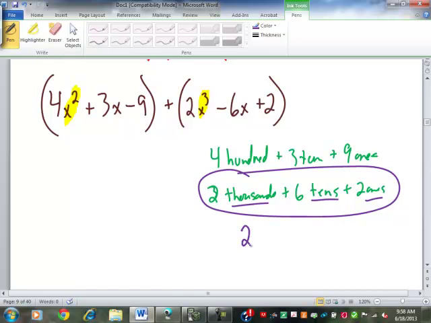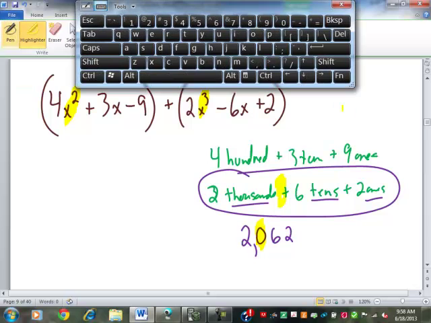Well, it's 2,000, 0 hundreds, 6 tens, and 2 ones. It gets written like that. But in the expanded form, I don't put the 0 hundreds in here because I don't need it. But when I shorten it up, I have to put that 0 in there as a placeholder to fill up that hundreds place. The same thing is going to happen over here.